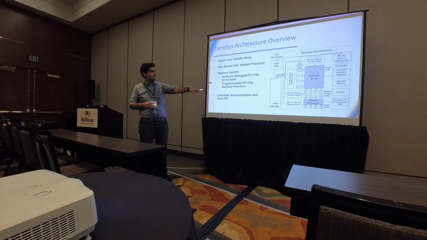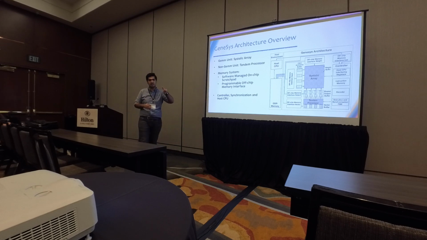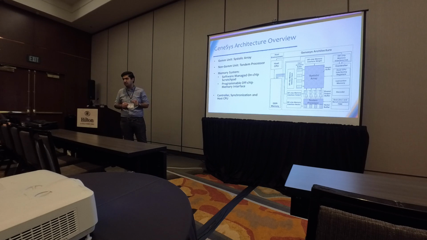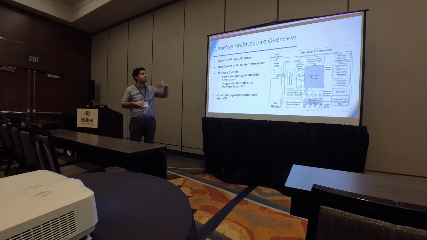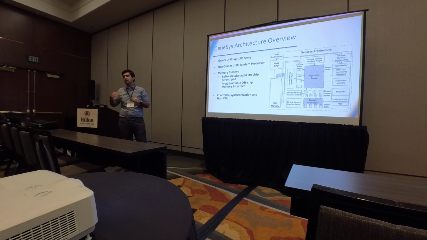And on the bottom, we have the Tandem processor that is a specialized yet still programmable companion processor that works with the GEMM unit and is in charge of processing the operations that are non-GEMM, that you cannot map to the systolic array efficiently.